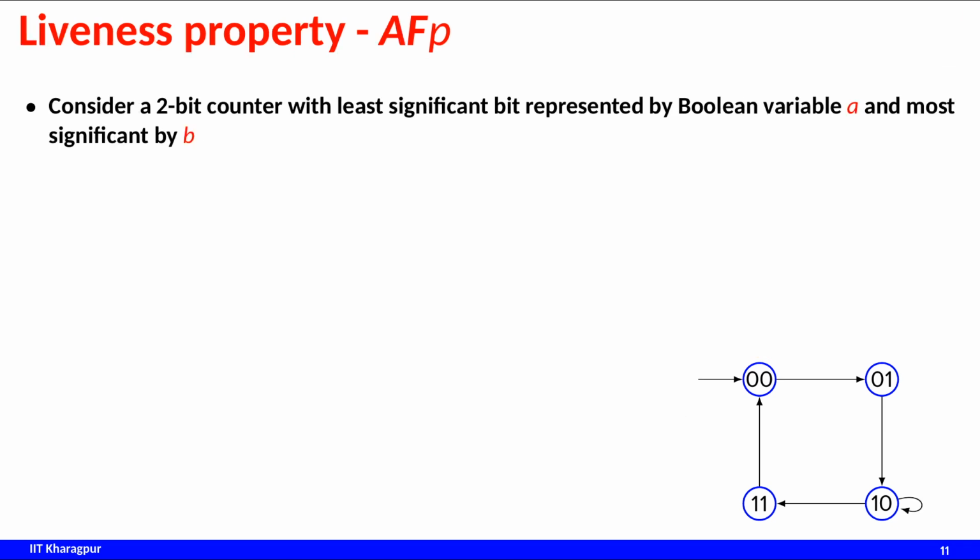Now let us look into this property AF P. We use a similar transition relation, only we add one extra transition from 10 to 10 itself.